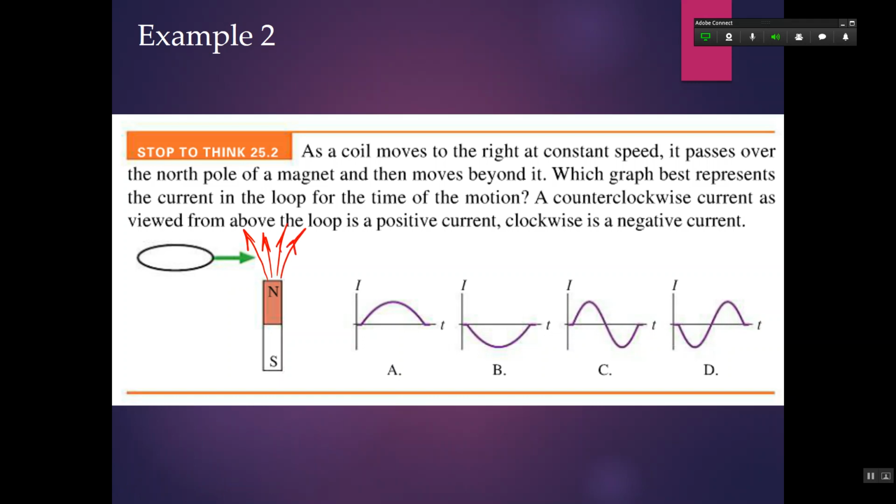The ring is being moved from left to right and is asking you to graph its current. And it's telling you that the clockwise current is negative. So again, what I like to do is draw it at different time intervals.